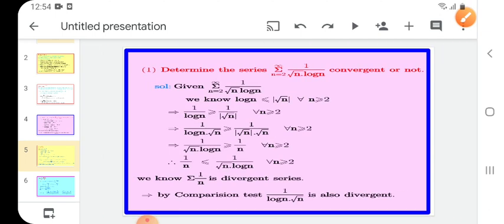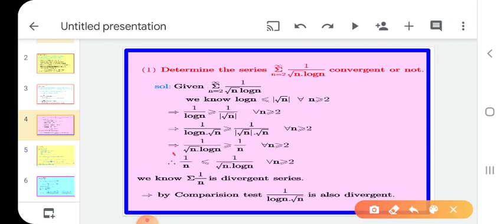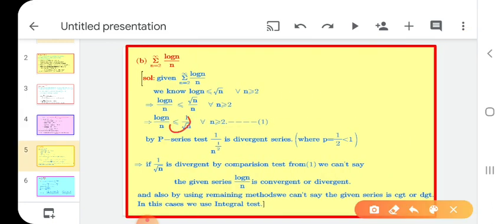Do you understand? Here the first one is our series, the second one is another series, and the relation would need to be greater than or equal to, but here we have less than or equal to.